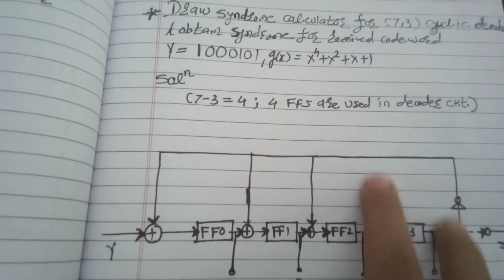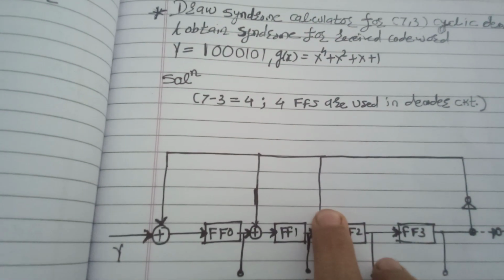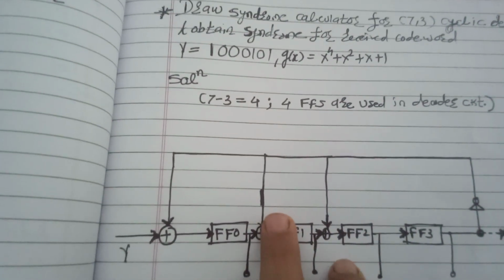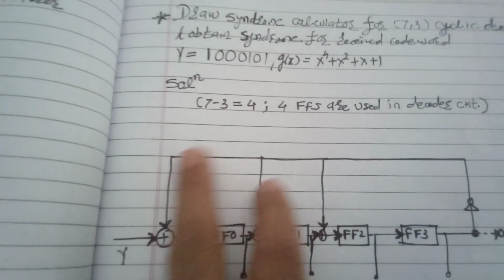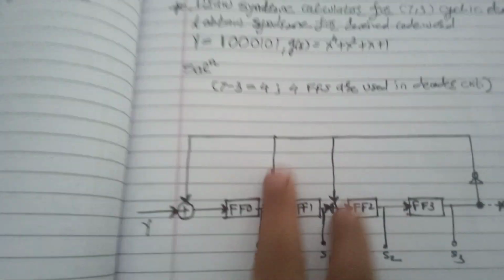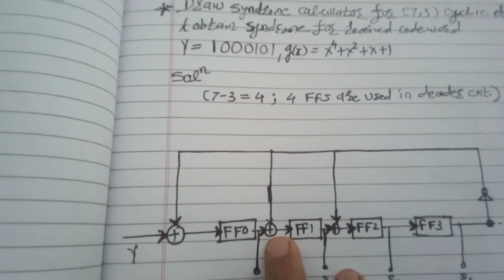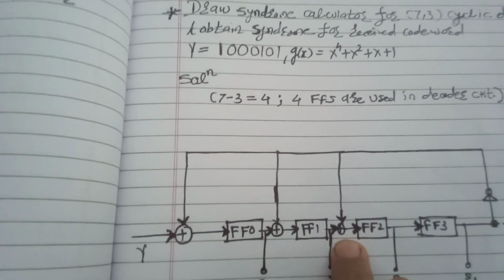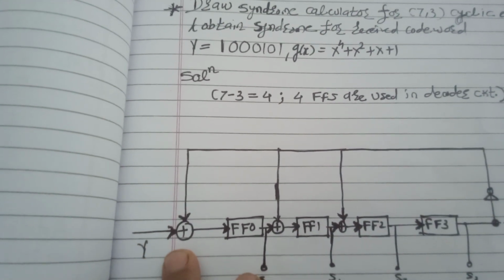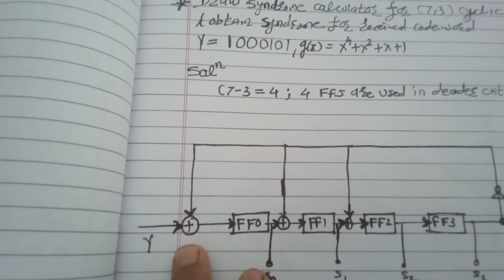Then x cube is not there, so this line is not there. x squared is there, so this line is there. Then x is there, so this line. Then 1 is there. After that, wherever a line comes vertically, you add one mod 2 adder. Then the received code word comes in from this side.